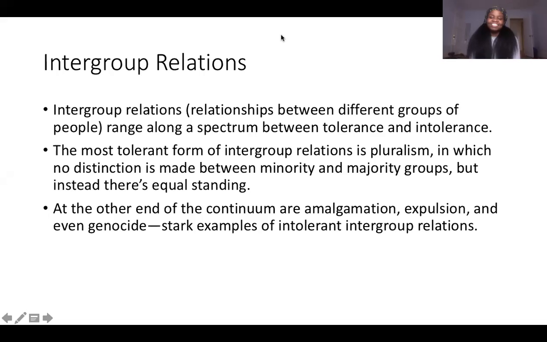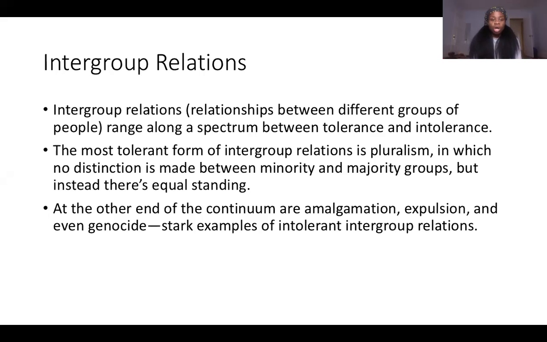Okay, I'm back. So lastly, your book is going to go over intergroup relations. Intergroup relations are relationships between different groups of people. They can range along a spectrum between groups having tolerance for each other and groups having intolerance.